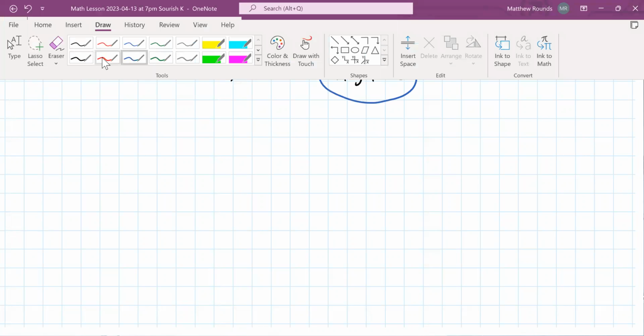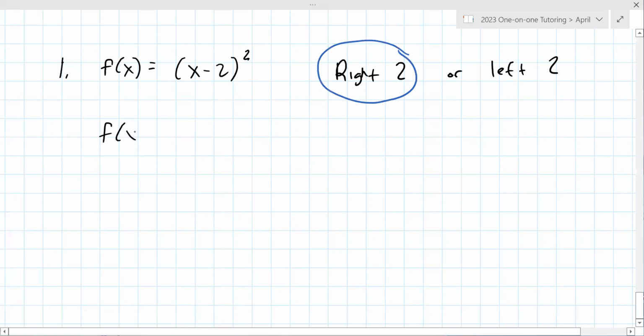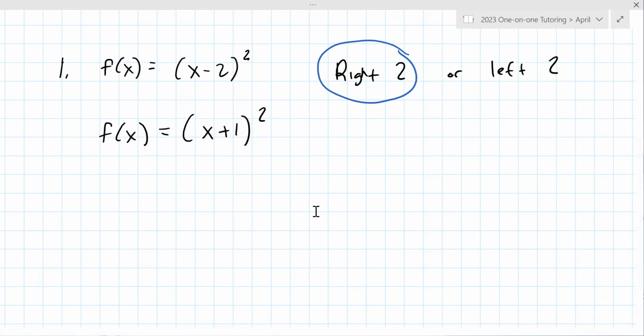All right, now let me give you one to try on your own. Can you tell me the transformation of this one? Is it left or right? The one that's x plus 1.